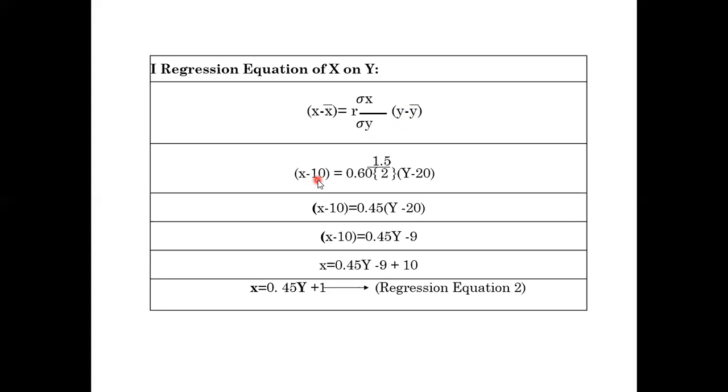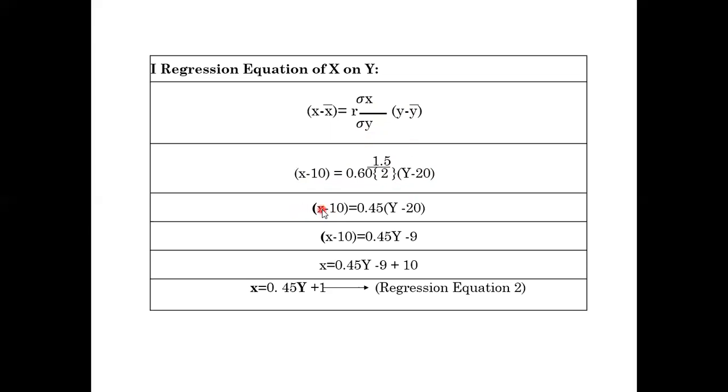So x mean is given in the problem itself, 10. That is equal to 0.60, the correlation value given, 1.5 is standard deviation x, you take as it is, 2 is standard deviation y, you take as it is. y mean is 20.